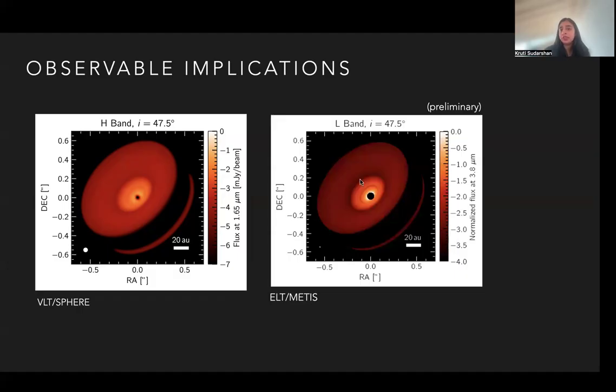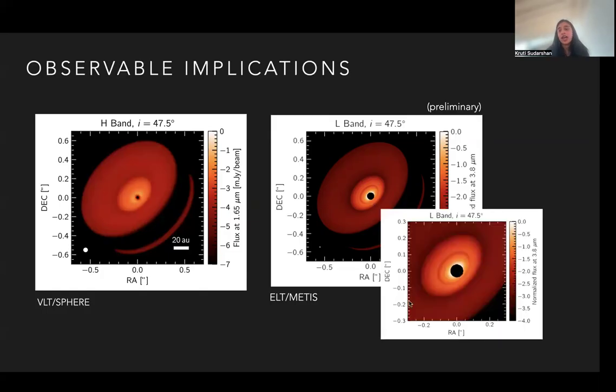These are preliminary, but I'd like to show that these are probed much better at higher resolution with future telescopes like ELT METIS, where if you look at the beam size, it's really small. So we're really able to probe these rings in very high resolution. And this would be very exciting for us to probe these scattered light observations in the near future when the ELT is coming up.